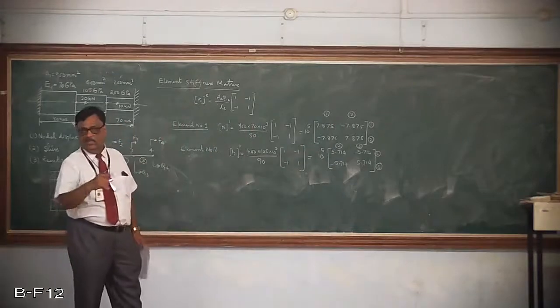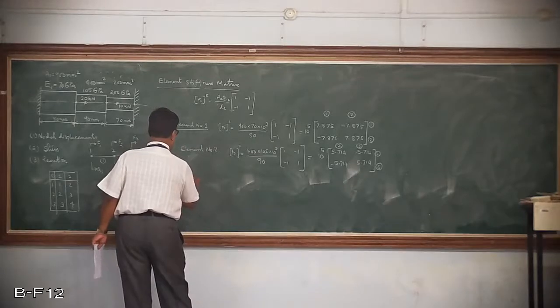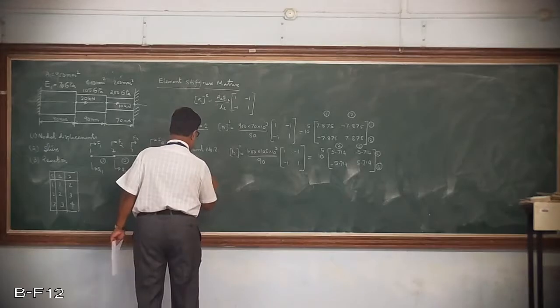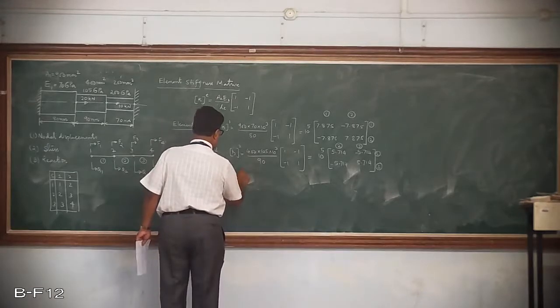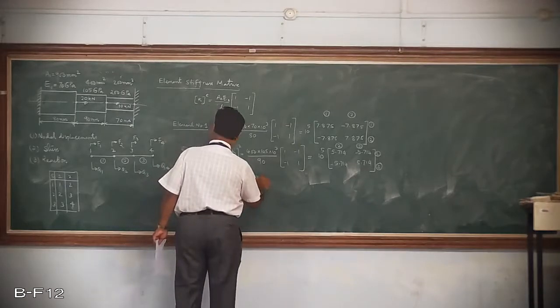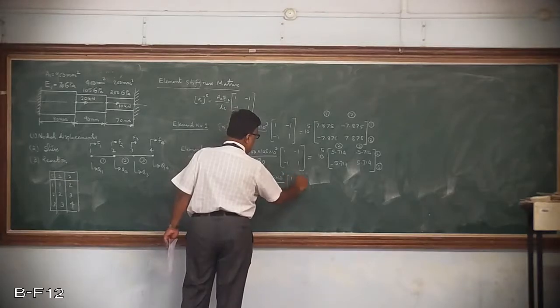Now in a similar fashion, you can write it for element number 3 also. This is K3, which is equal to 200 as the area, 200 into 10 raised to 3 being the Young's modulus, and the length of this member is 70, with the matrix 1 minus 1 minus 1 1.